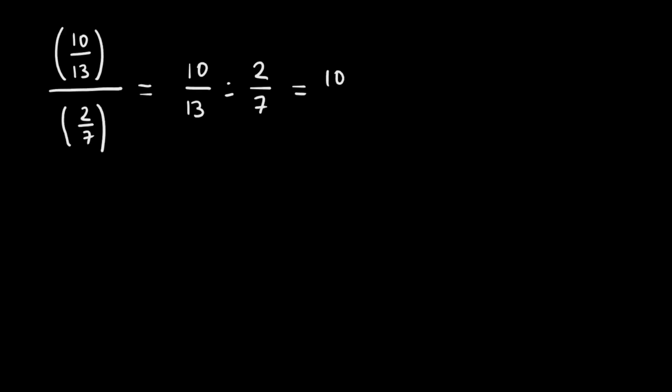So we keep the first fraction, 10 over 13. We turn the division into multiplication, and then we flip upside down the second fraction, so 7 over 2. So here we can simplify 10 with 2, and it becomes 5 and 1, and so we are left with 5 times 7, which is 35, over 13 times 1, which is 13.